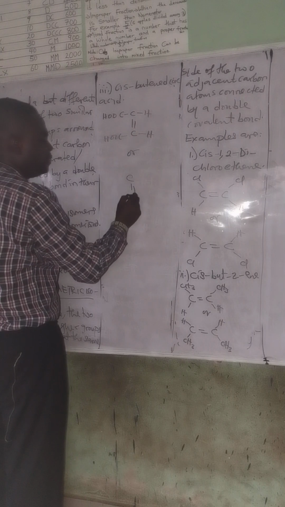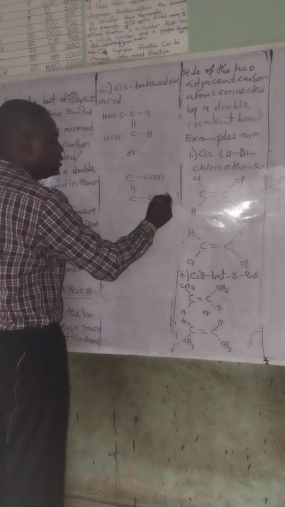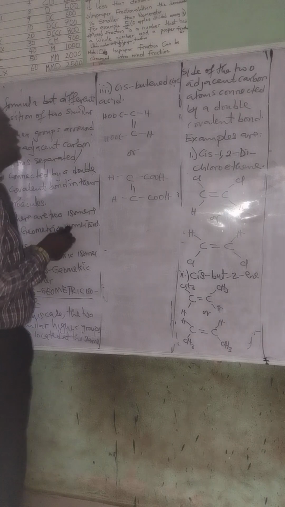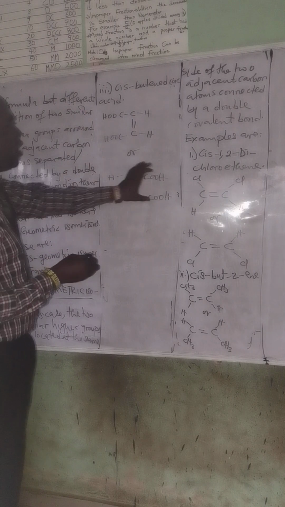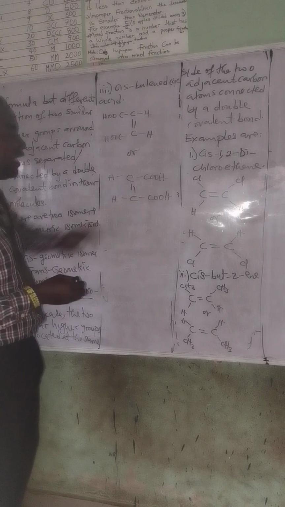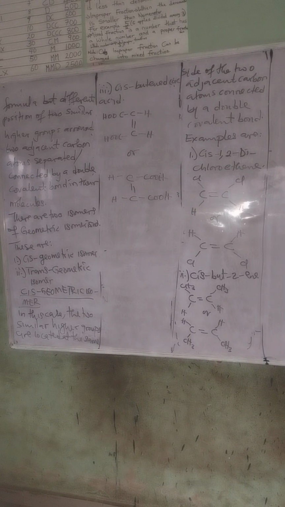Or COOH, COOH, hydrogen and hydrogen. So you will see that the two groups here are COOH, COOH. They are either here in the front or at the back here.